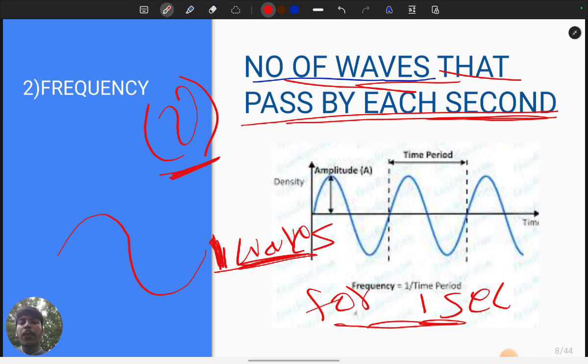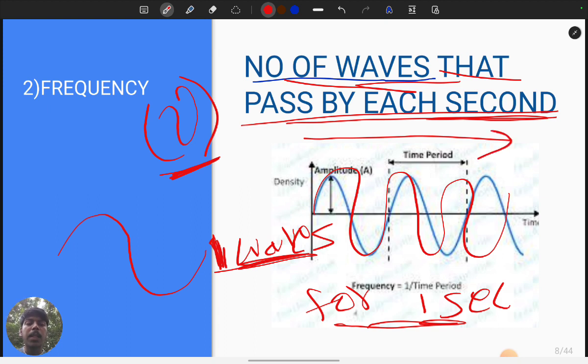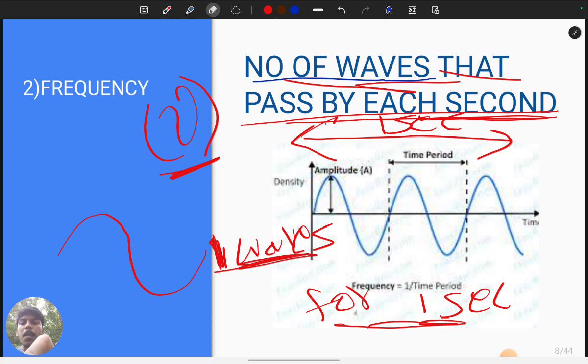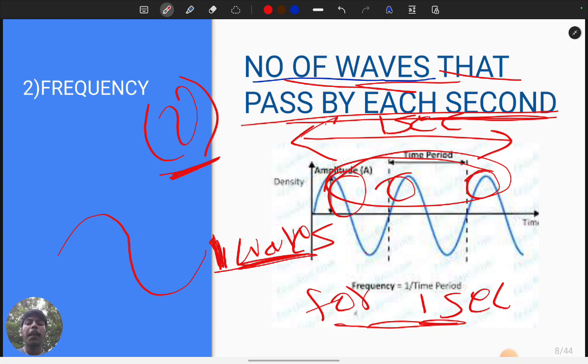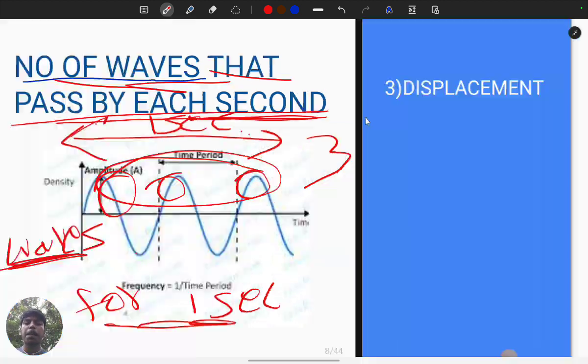For example, let me take this as a time period of 1 second. Here you can see one wave, 2, 3. When we consider one crest and one trough as one wave, then 3 waves are passed per 1 second. So frequency will be 3. Okay, let's move on to the next slide.